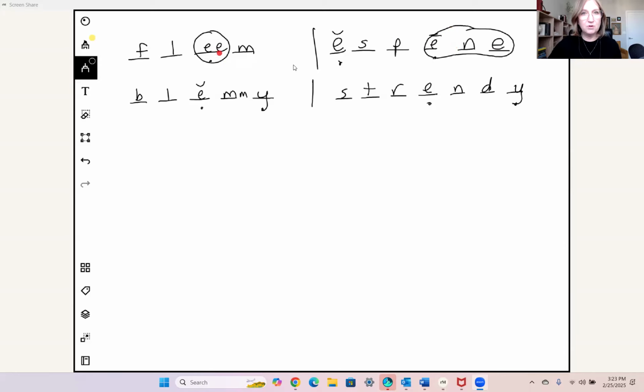E-E in one-syllable words, E-consonant-E at the end of multi-syllable words. So your word is emeat. Emeat. E-M-E-T. So I can see how many syllables are there. There's two vowels that don't touch, so I know it's a 2-syllable word.